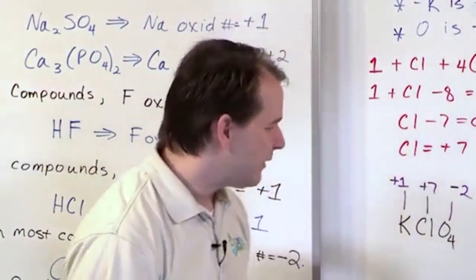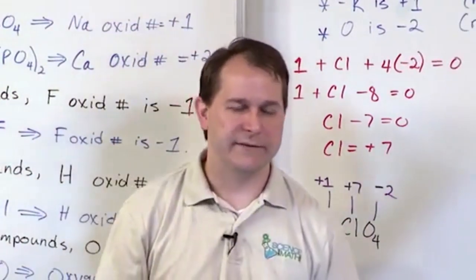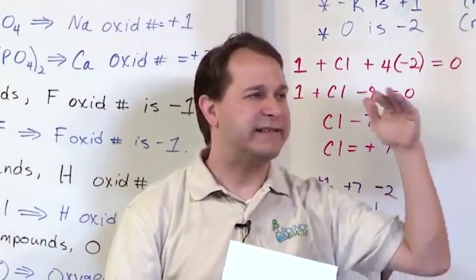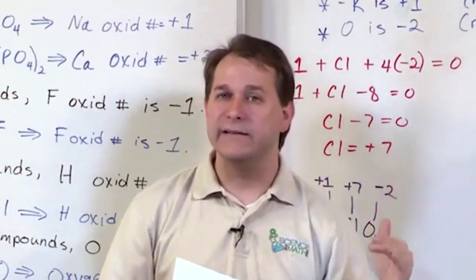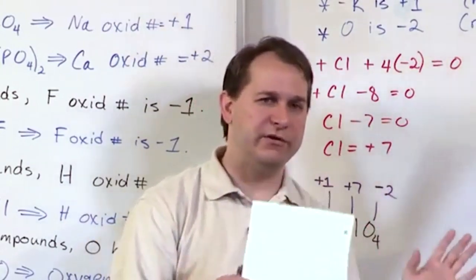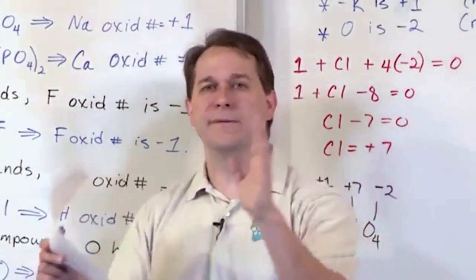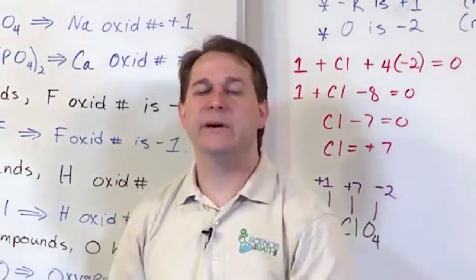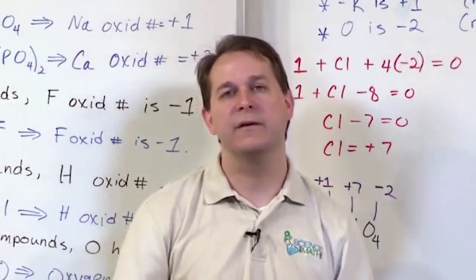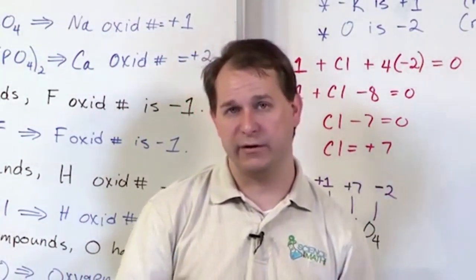It doesn't necessarily mean that the charge on chlorine is +7. It just means that we have a set of rules that we use to assign these numbers, and it just so happens that when we do it this way and we track before and after the reaction happens, we can see what changes, and that tells us what's been oxidized and what's been reduced.